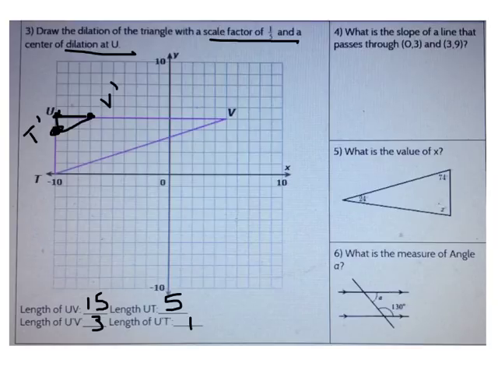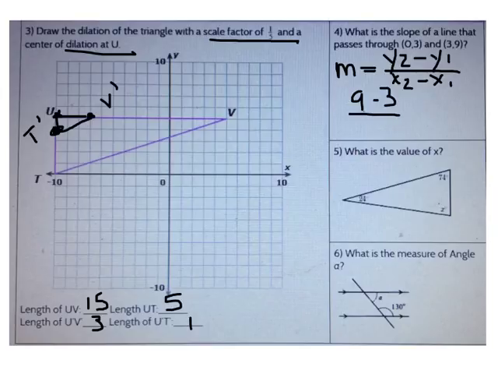What is the slope of the line that passes through (0, 3) and (3, 9)? Remember, slope can be found using y2 minus y1, the vertical change, over x2 minus x1, the horizontal change. To find the slope, I can subtract 9 minus 3 over 3 minus 0.